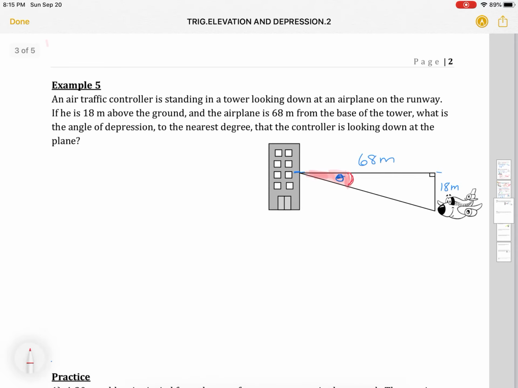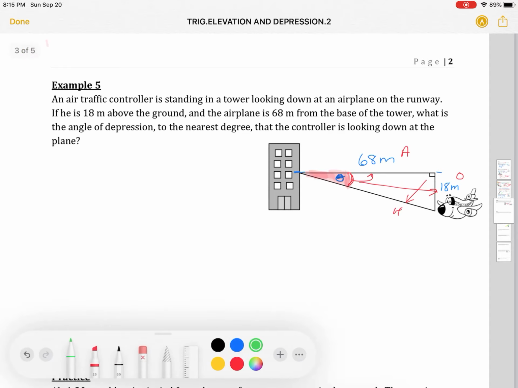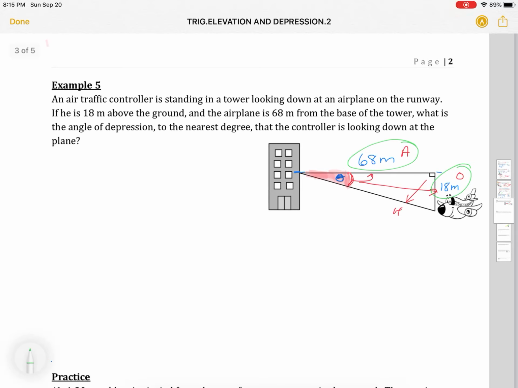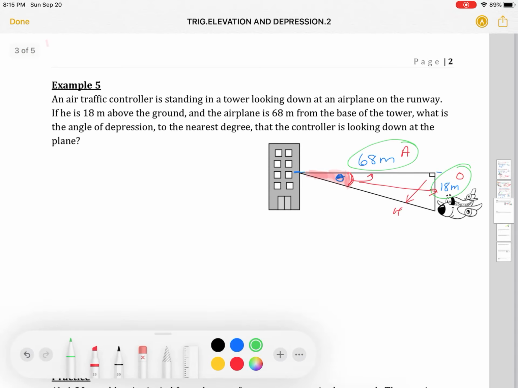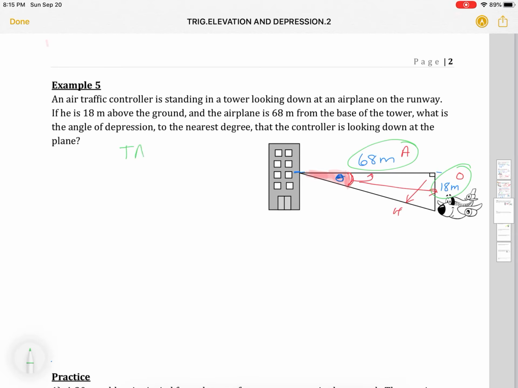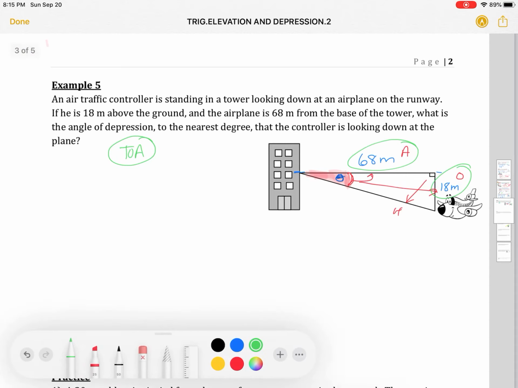So from that, this is our angle of interest, right? Which is our angle of depression. So that's where we're looking from. We're going to label our triangle. Well, this would be our hypotenuse. This would be my opposite, and this would be my adjacent. Let's circle what we know. We know our adjacent, we know our opposite.